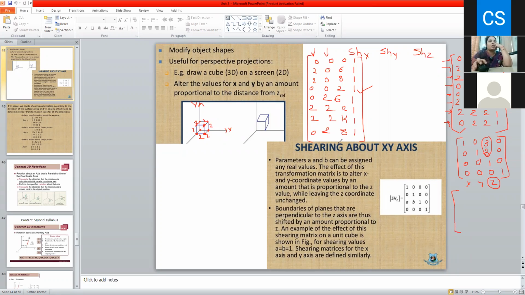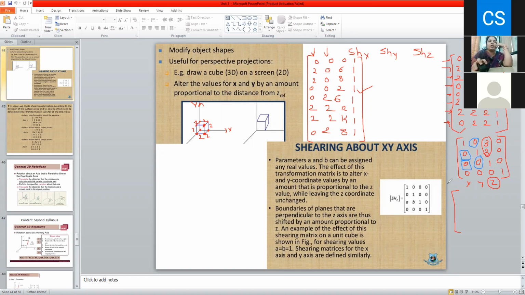So if I want shear along Y, then these two elements, which are off diagonal elements, will be non-zero. And for shear along X, these two elements will be non-zero. Then you will get the shear along X.